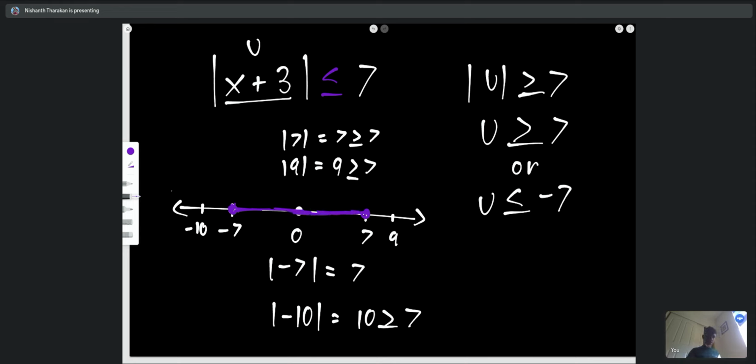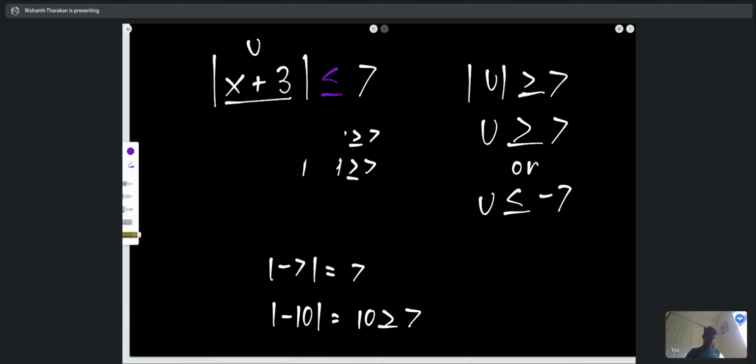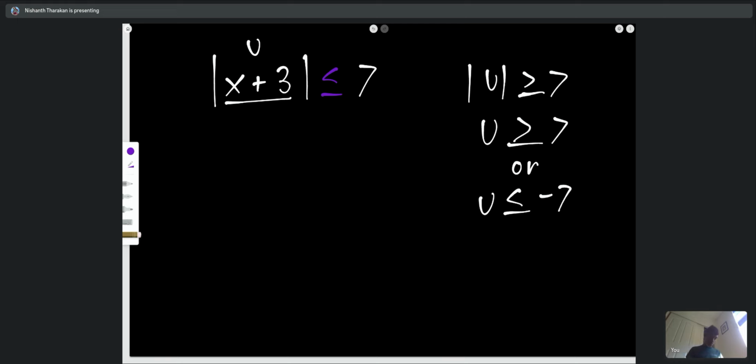So now let's solve. Based on what we know, all of this just goes back down to this. Let's make this back to white. x plus 3. Oh, I need to also change this back to the original problem where we are greater or equal to 7.